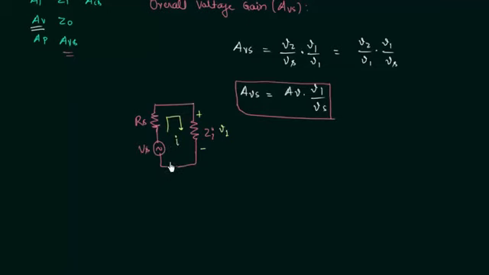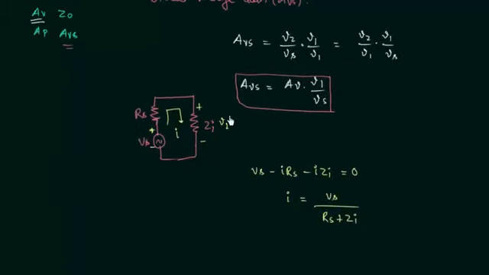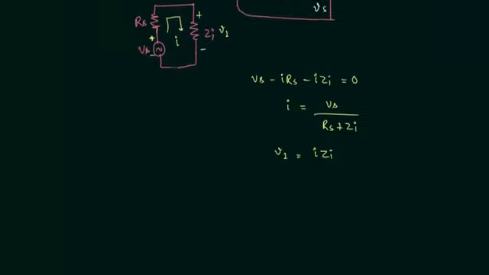So by using Kirchhoff's voltage law, we have Vs, polarity of Vs is like this. So we have Vs minus I Rs minus I Zi equal to 0. So the current I is equal to Vs divided by resistance Rs plus impedance Zi. The input voltage V1 is equal to I Zi, drop across the impedance Zi, and we have already calculated the expression of I, which is equal to Vs divided by Rs plus Zi.